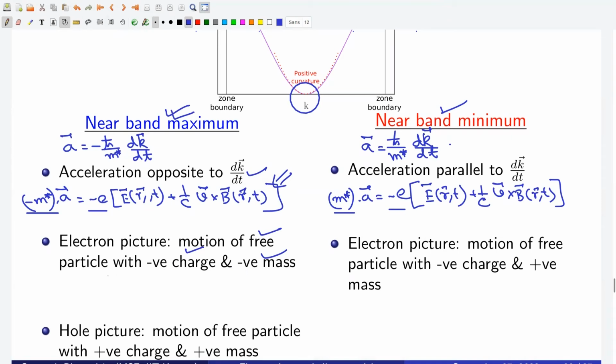Thus, near the band maximum, motion of electron looks like motion of a free particle with negative charge and negative mass. However, it is more intuitive to write it as motion of a free particle with positive charge and positive mass.